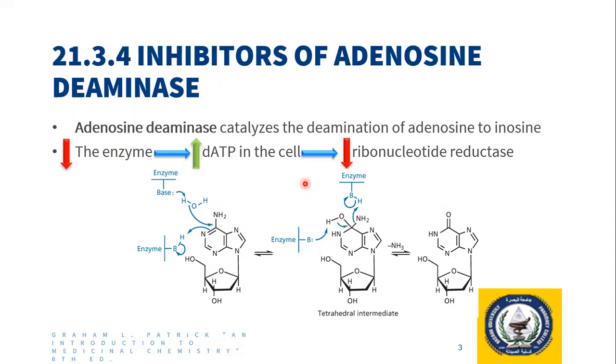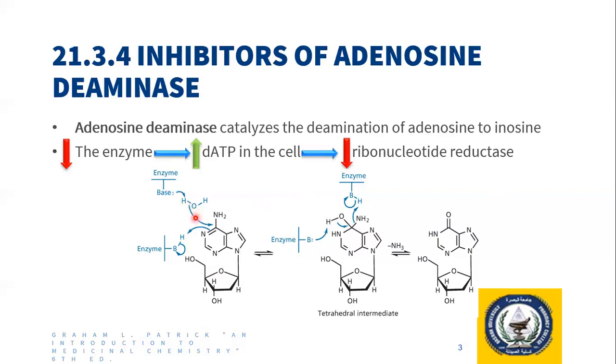Before we go to the inhibitors, let us have a look at the mechanism of action for the enzyme. When the enzyme comes in, it has, as you know, some basic amino acids. The base will abstract a proton from water, which is in the medium.